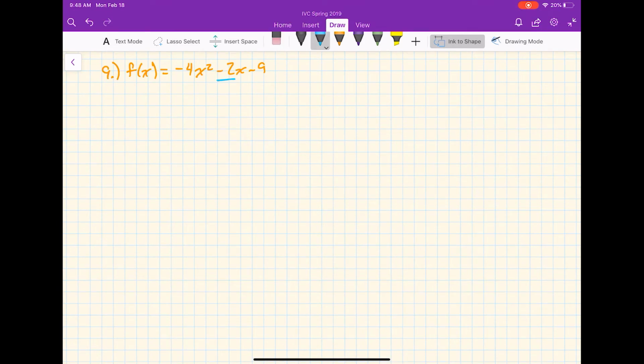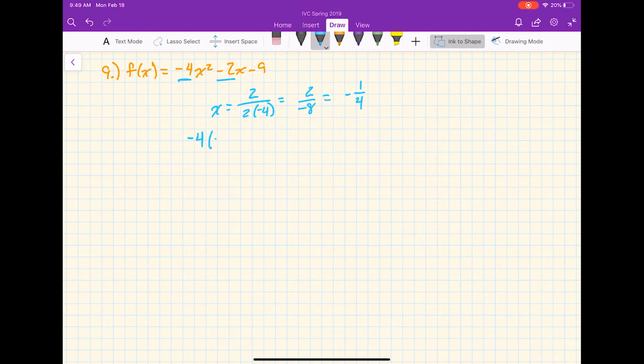All right, number 9. Again, we're going to do our negative b, but since we have negative 2, it turns out to be just a positive 2 over 2 times negative 4, which is going to give us 2 over negative 8, which is going to give us a negative 1/4. So x is equal to negative 1/4.